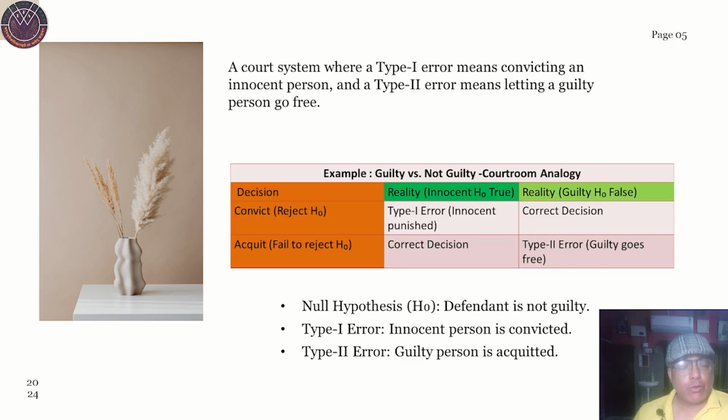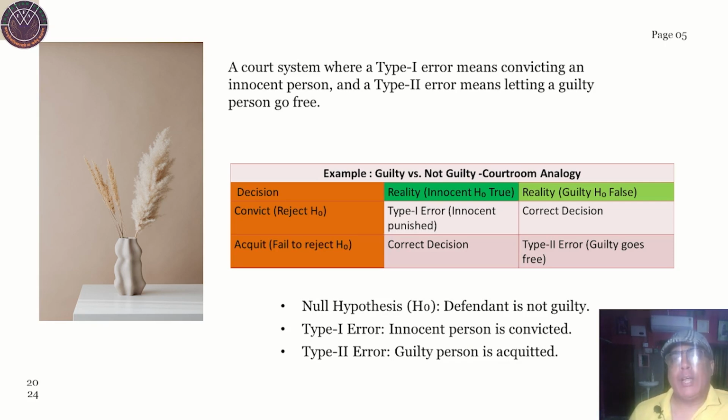Now let us try to understand this by a very popular example. Anywhere in the books, in the literature, you will get this example. If you understand this example, you will be able to understand the entire fundamental of type 1 error and type 2 error.